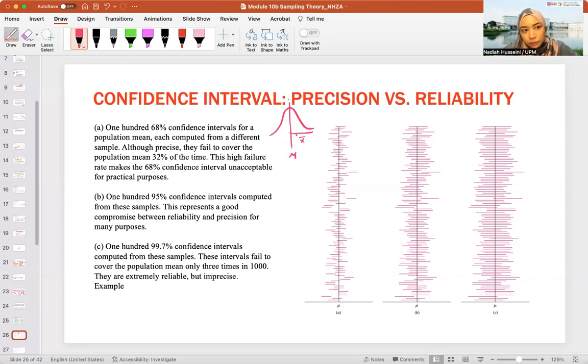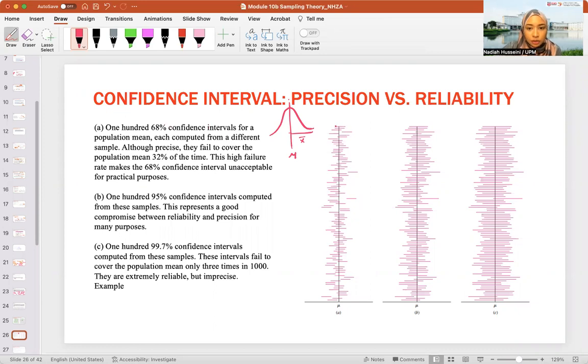Does it cover the mu or not? If it overlaps the straight line, it covers the mu, the population mean. If it does not overlap that line, then it is outside the confidence interval. So, 68% confidence intervals.